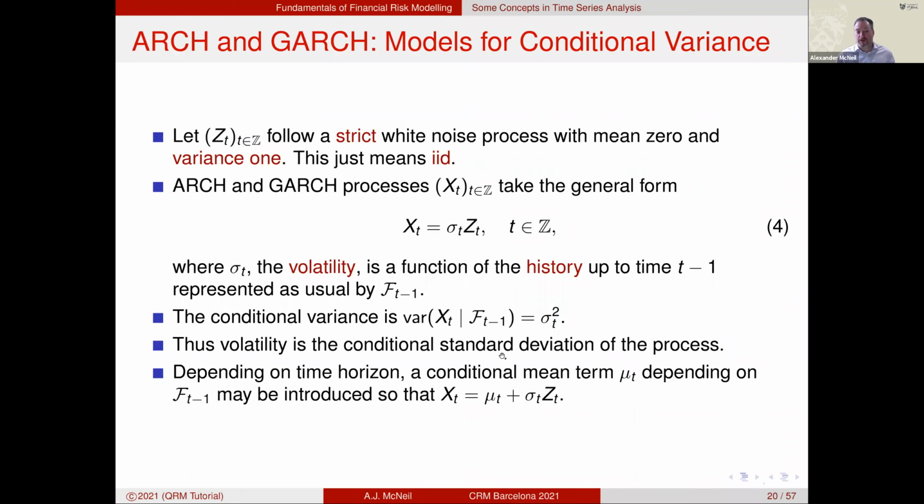And so in other words, volatility is the conditional standard deviation. Depending on time horizon, we might add in a mean term. So we might add to XT also a mu t, which depends on the past. If there is some predictability in the direction of risk factor changes over short time steps, we may model that explicitly, generally with ARMA type models.